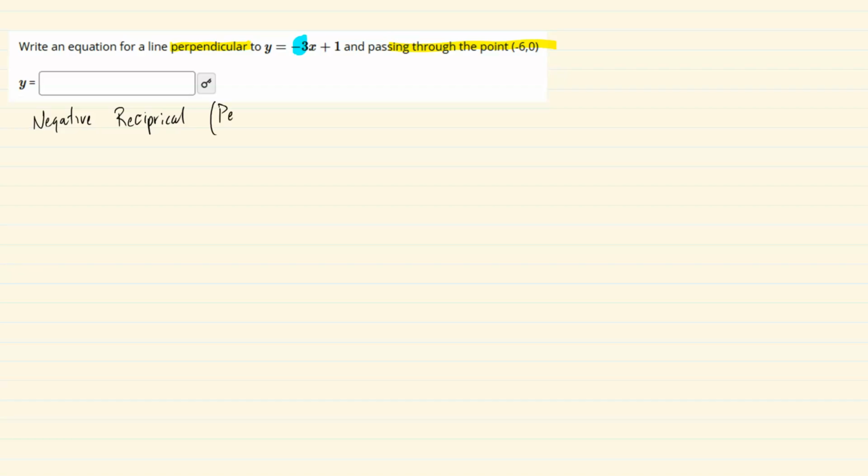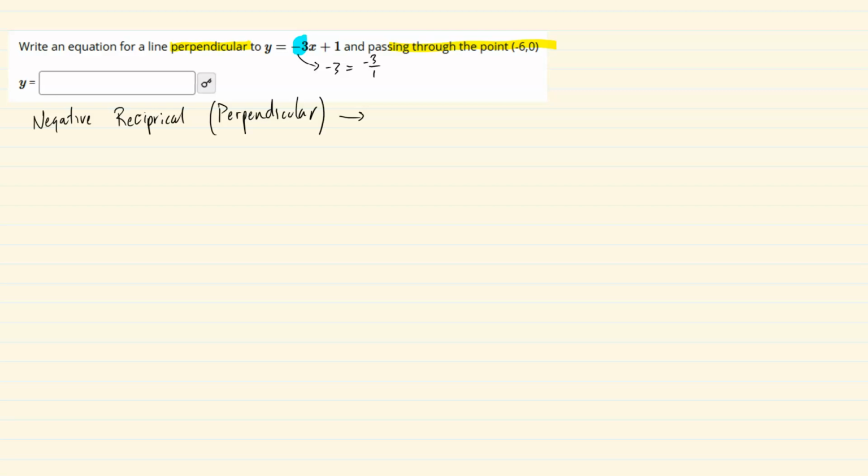which is because we're doing perpendicular, we would want to find that. Notice that negative 3 is equal to negative 3 over 1. So the reciprocal means we swap the numerator and denominator.